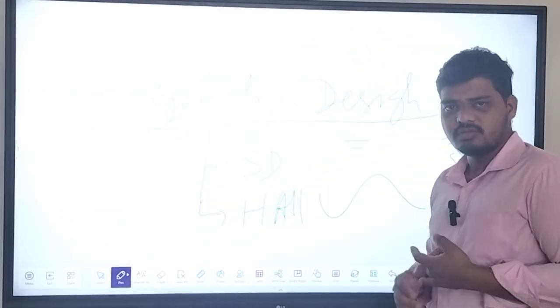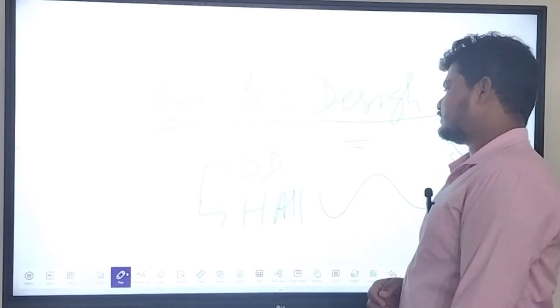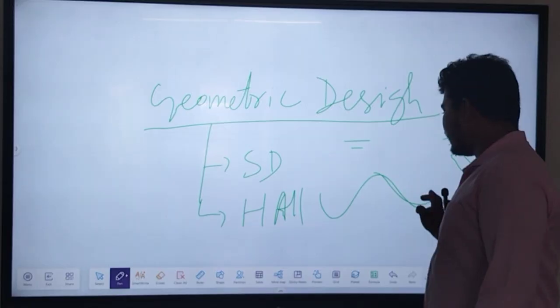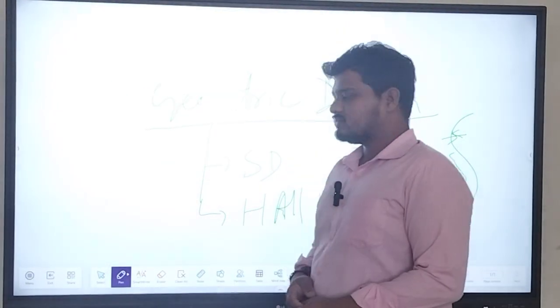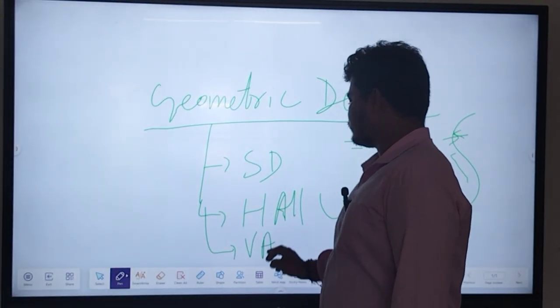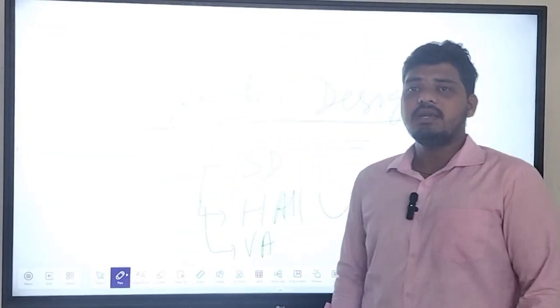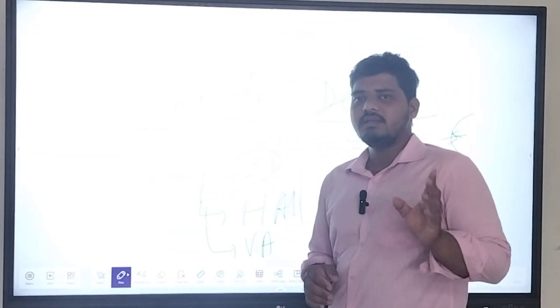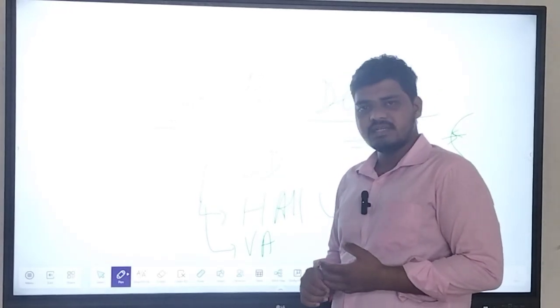Before going to super elevation, we have to know the centrifugal force. Next, extra widening is there. Then transition curve is there. After that, we will study vertical alignment. In vertical alignment, we will study different types of vertical curves, like valley curve, summit curve, etc.